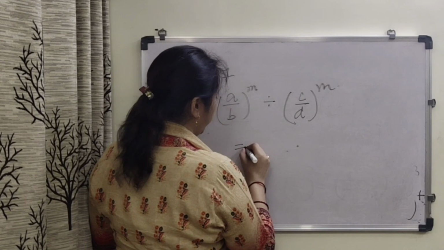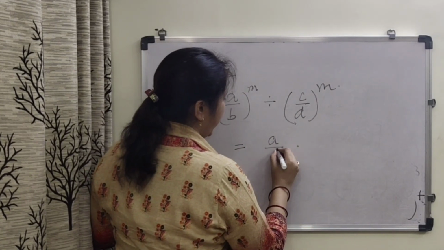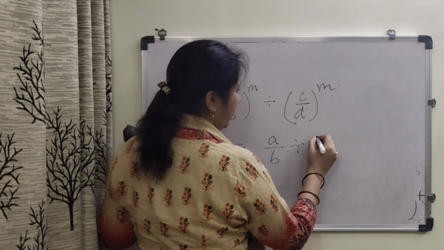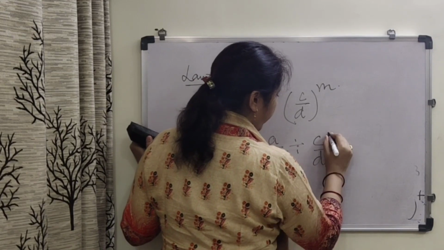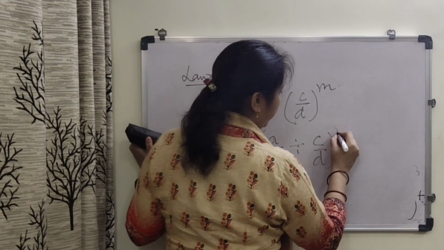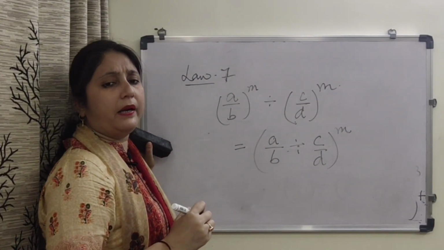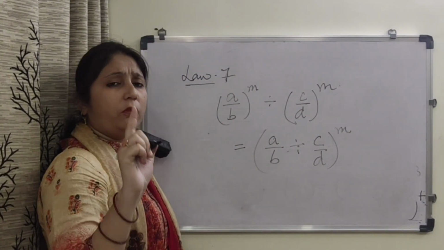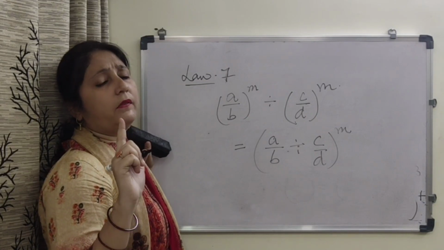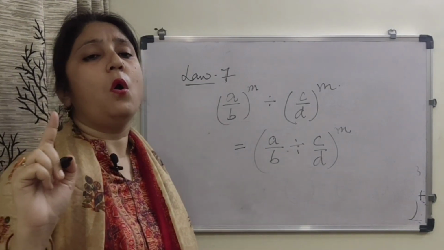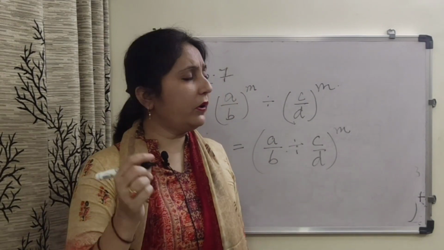So, we can express it as division in one bracket and exponent just once. Division in one bracket and exponent in just one time. This exponent is there for just one time.